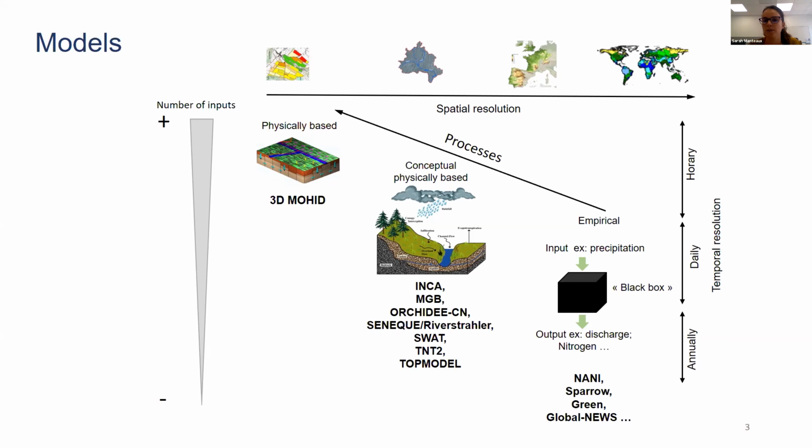And between them, there are conceptual physically based models that represent processes with simple relations. The model I'm using is of that type. It's the SWAT model. And I'm also going to talk about the RIVE model, which is part of the Seneca River Strahler model. This conceptual physically based model needs a high amount of data to calibrate.